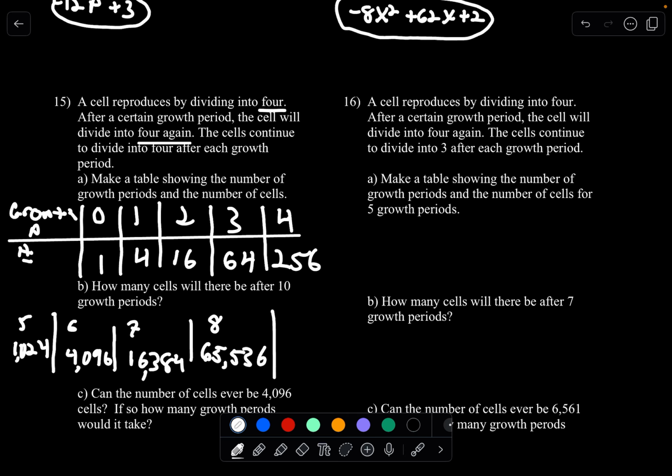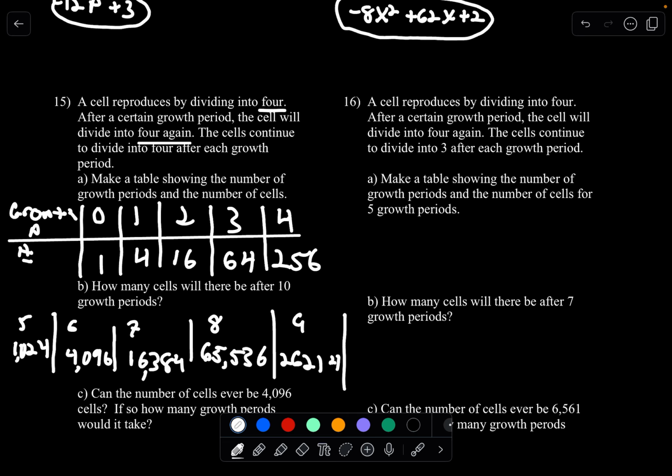9 would be 4 times that. 262,144. Wait, am I reading that right? And that's the 9th growth period, and we have to do it one more time for the 10th.